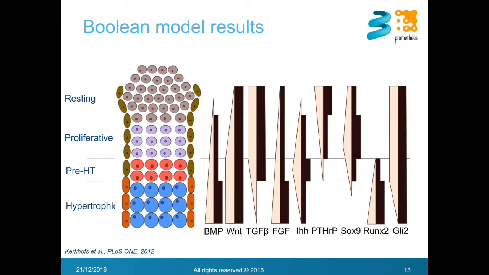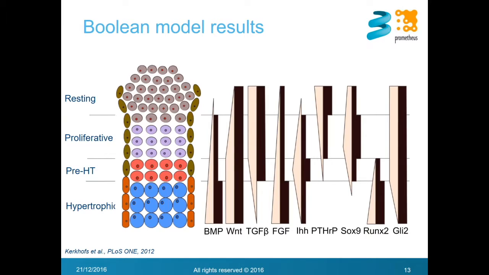You have a zone of resting chondrocytes, and then you have a zone of proliferative chondrocytes that make sure that there is a constant renewal of the pool of chondrocytes. And then there is the pre-hypertrophic and the hypertrophic zone, where chondrocytes are pushed towards maturation, where they start inducing a program of apoptosis and attraction of blood vessels, and will initiate endochondral ossification.